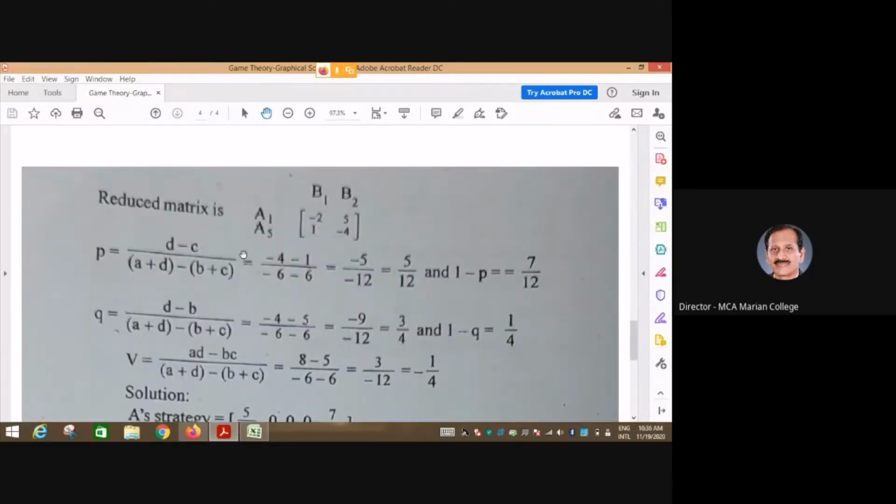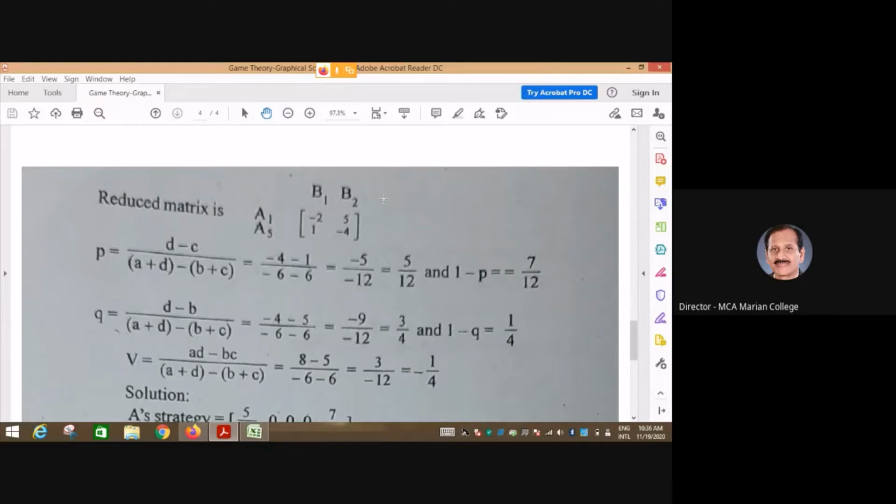Now this is the matrix. We need to consider only A1 and A5. B1 and B2 is there for the strategy of the second player. Again, using the probabilistic method, we have the formula. You can find P. Here the value of P is 5 by 12 and 1 minus P is 7 by 12.